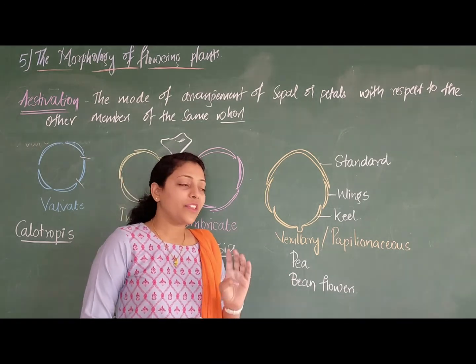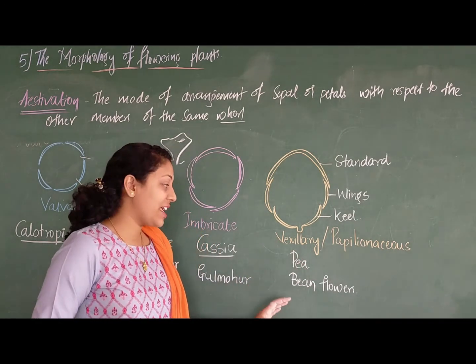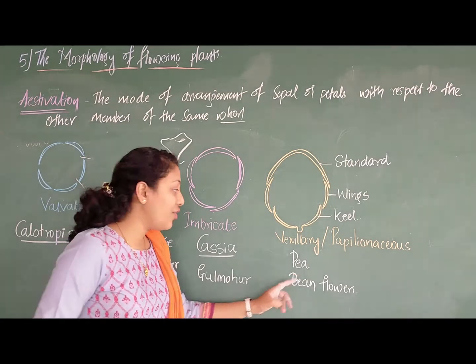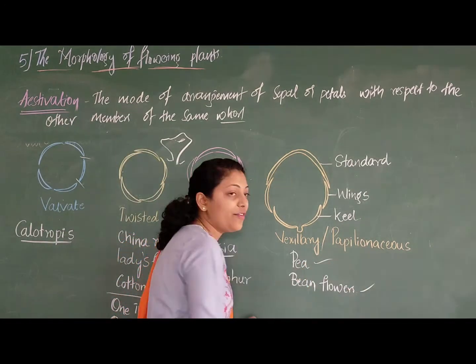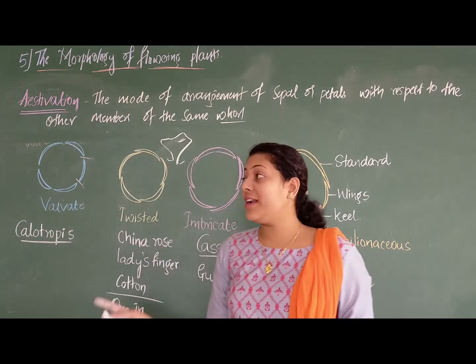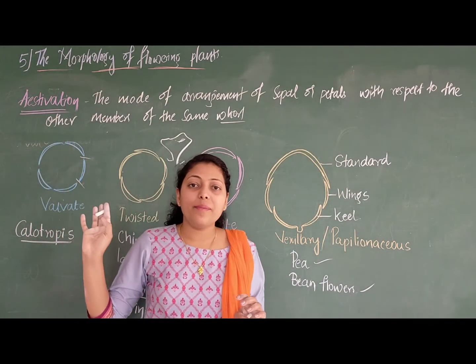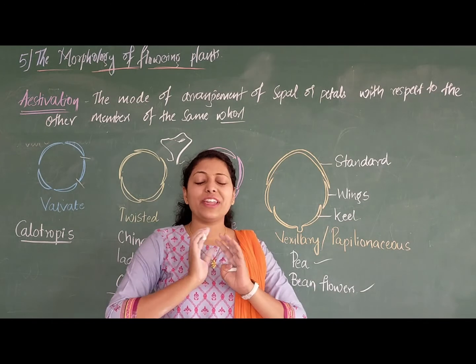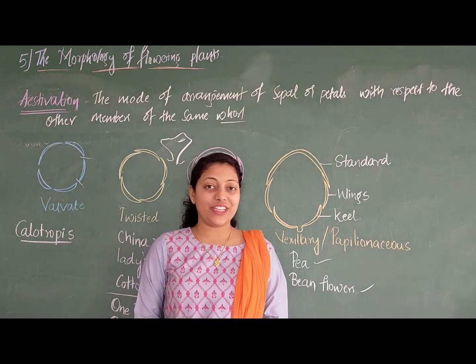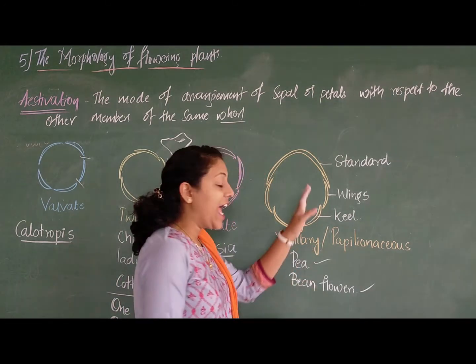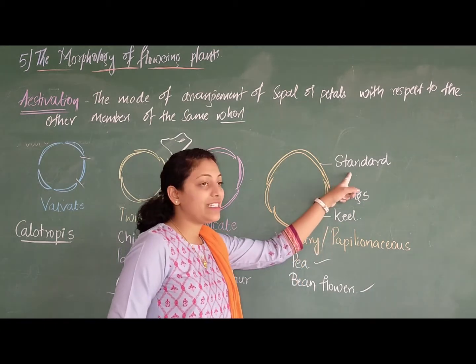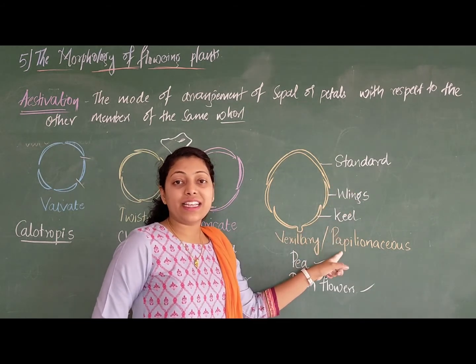Vexillary or papilionaceous aestivation is found in pea and bean flowers. You can observe it in the diagram. They show a very beautiful manner of aestivation because they have parts called standard, wings and keel.